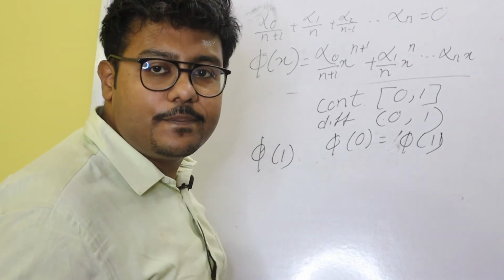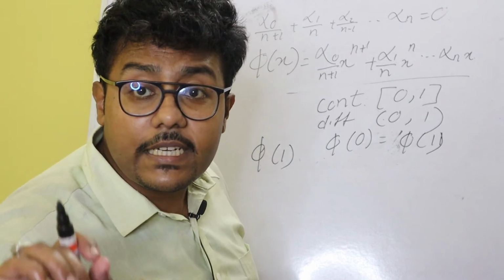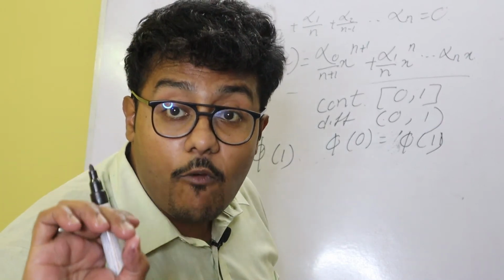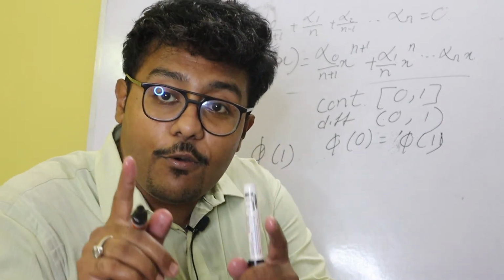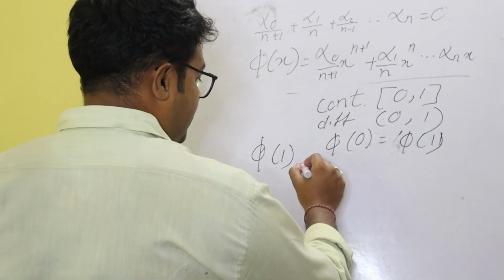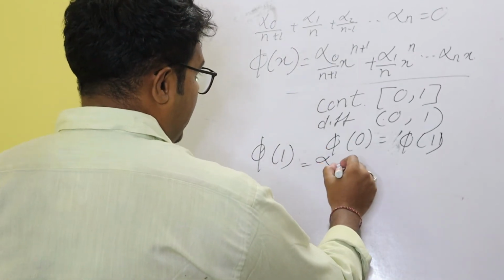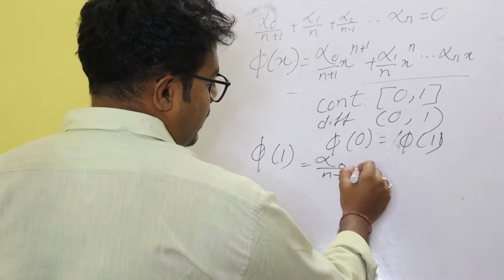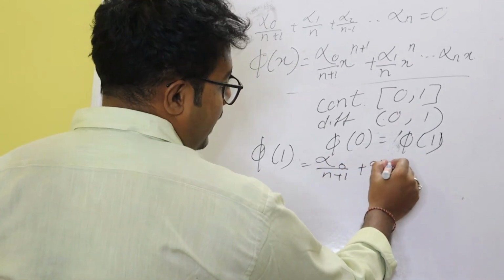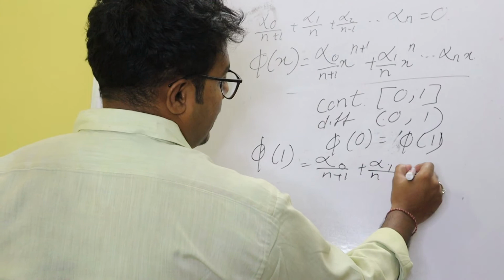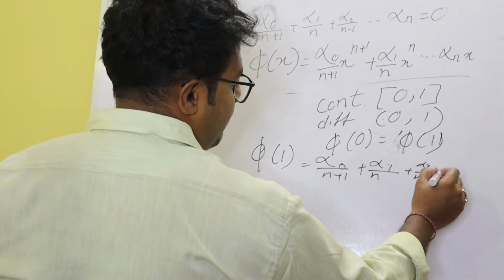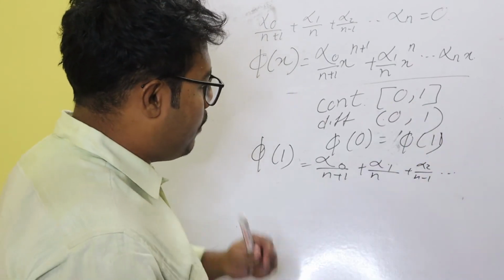You will get lambda 0 by n plus 1 plus lambda 1 by n plus lambda 2 by n minus 1, and this will go on.